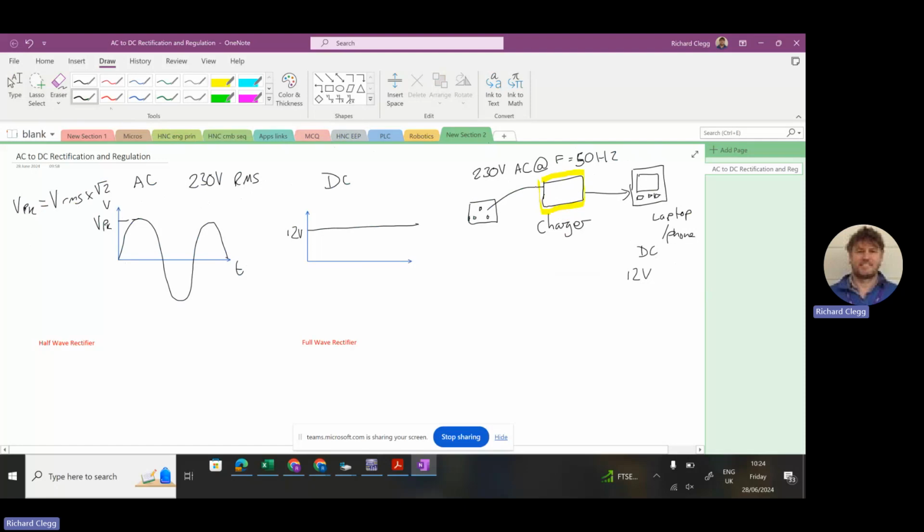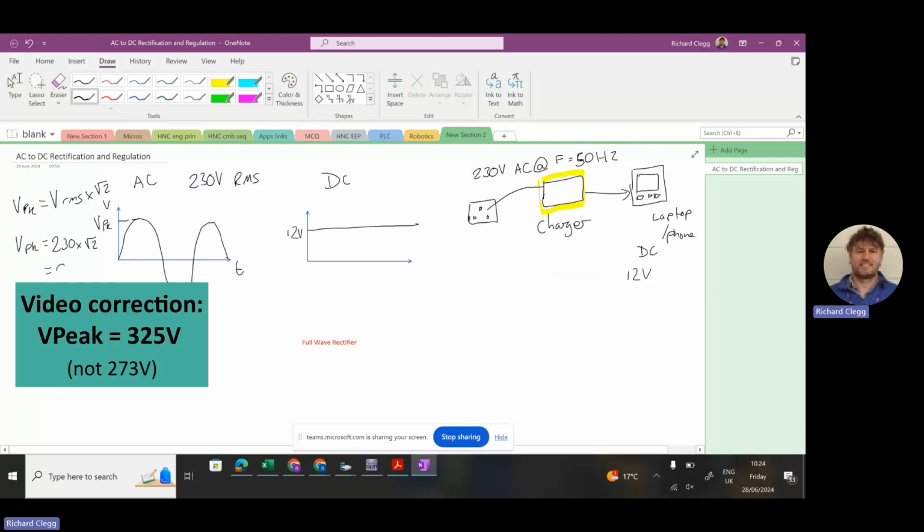The actual derivation of that is covered in another helper video or in the notes. So with 230 volts multiplied by √2, we come up with around 325 volts... sorry, 273 volts peak. That's V peak.